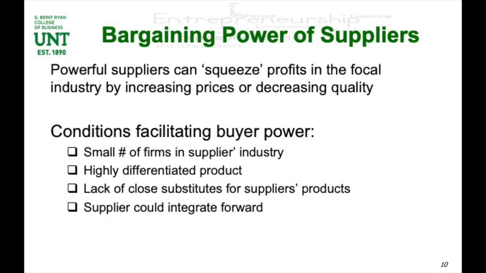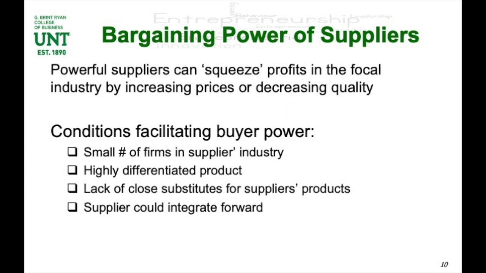So it's a small number of companies that are in the supplier's industry. If the product is very differentiated, let's say that your product in your industry is very different from other companies, that's going to give them more power, right? Because there's more stuff they would have to do. They can't just standardize whatever output they're making.